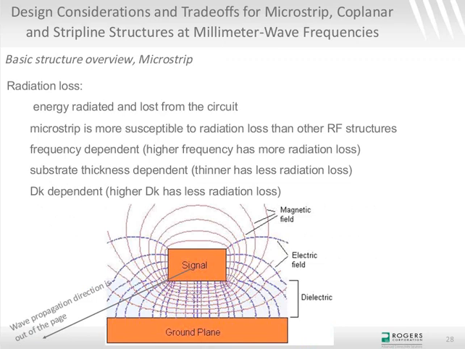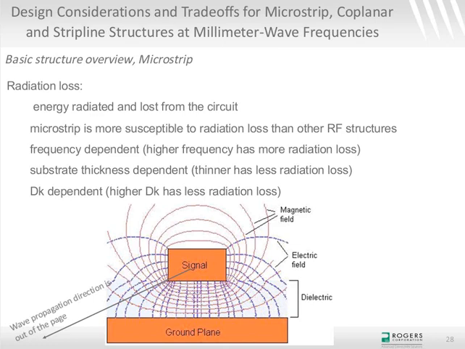Radiation losses. At lower microwave frequencies, usually not a problem. At mid to higher microwave frequencies and millimeter wave, radiation losses can be a major issue. That's basically how much energy is radiated off of the circuit. Microstrip is more susceptible to radiation losses than other RF structures. It is frequency dependent, and I think we already talked about these dependencies.